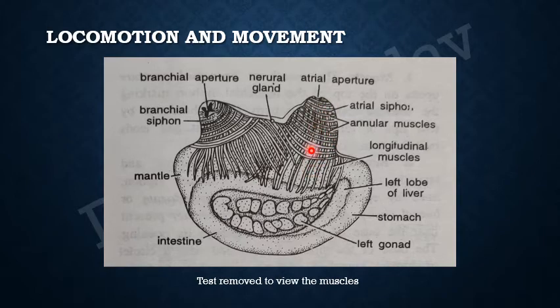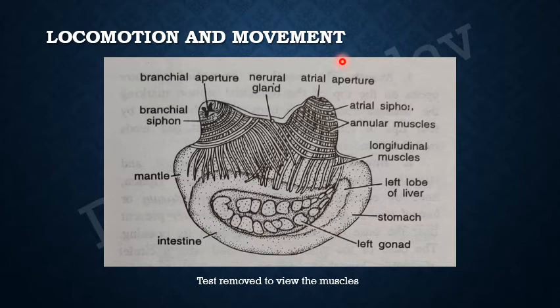With the jerky movement, when the longitudinal muscles contract, the cavity inside reduces, and water gushes out with force from the atrial aperture, taking along with it all the dirt that is poured in the atrial siphon.